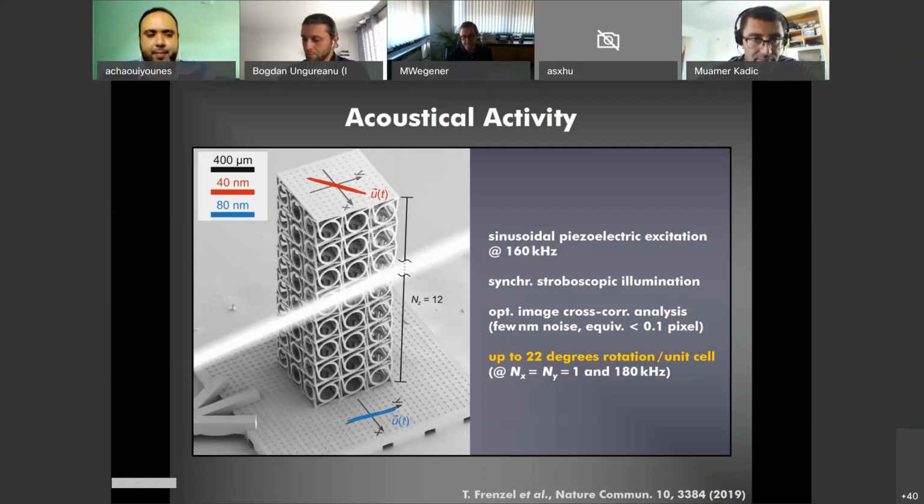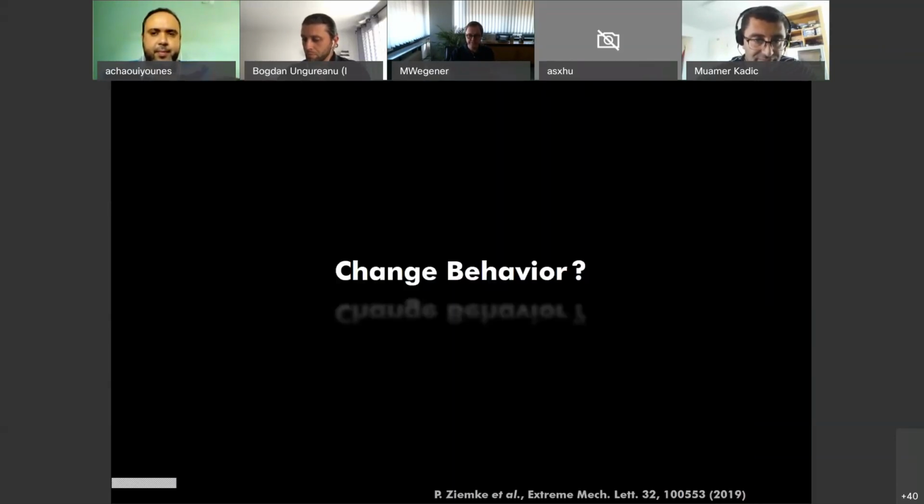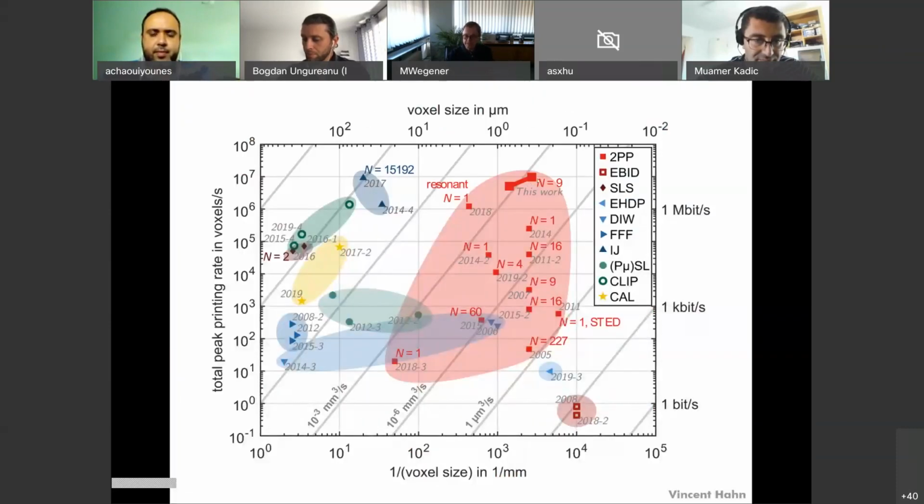Well, this brings us back to this view graph here. Maybe I show it again. These large samples I showed in the first part are made with 10 to the 7 voxels per second. I did not tell you how long it took us to make this sample with the 300 billion voxels. It took us about 2 days.